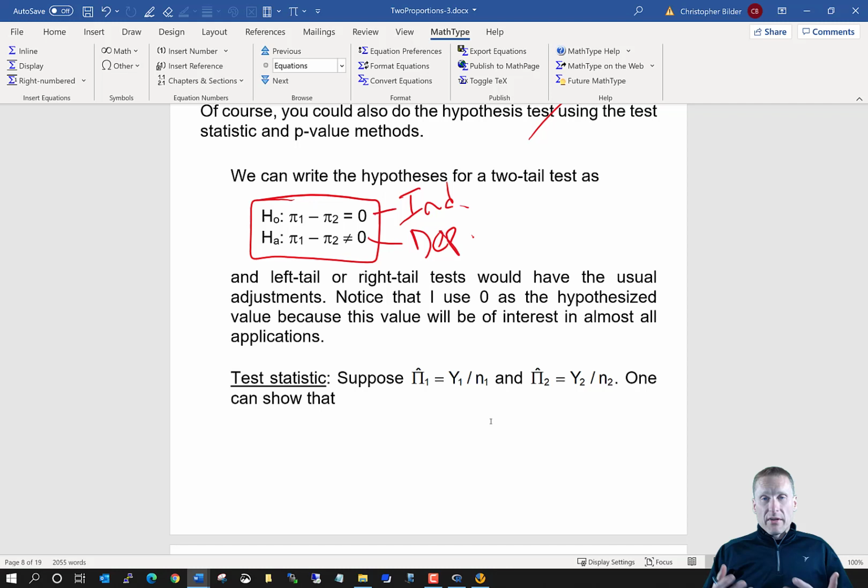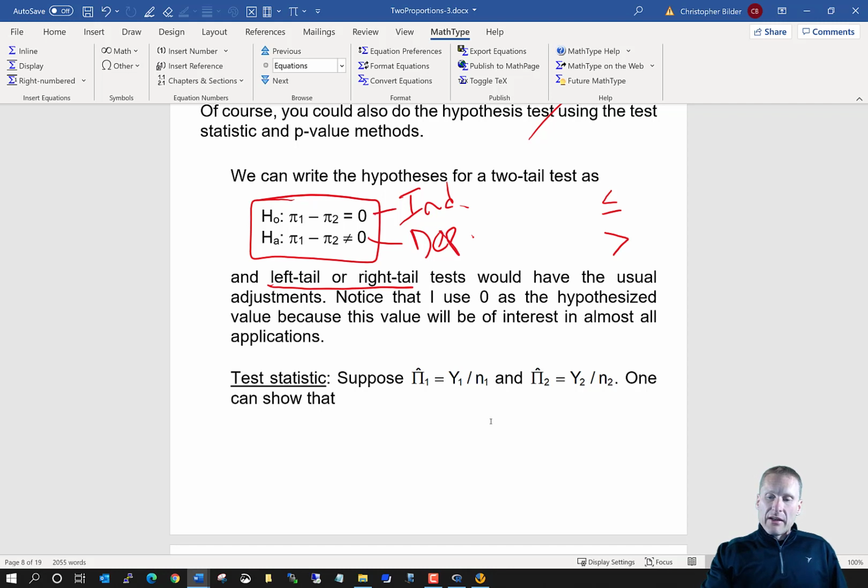Now, this is a two-tailed test. One could also look at a left-tail or right-tail test, and we would have the same kinds of adjustments with respect to what the hypotheses would be. Testing independence versus dependence doesn't necessarily work out as well then, because you might have something like less than or equal to in H0 and greater than in HA.